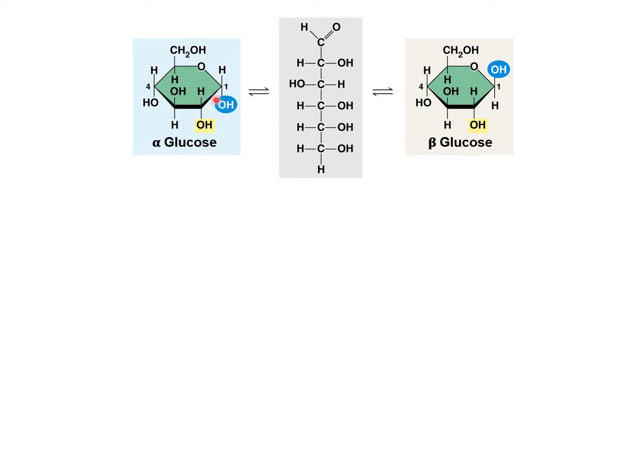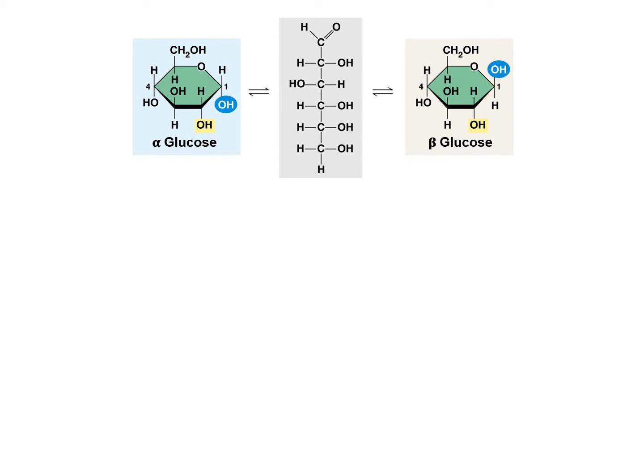Nevertheless, this hydroxyl group on this carbon in this particular position will stick out a certain way. On the other hand, beta glucose over here, that hydroxyl group is located in a different position on that carbon, pointing in a different direction.